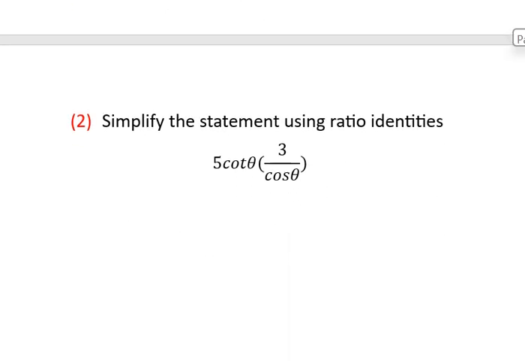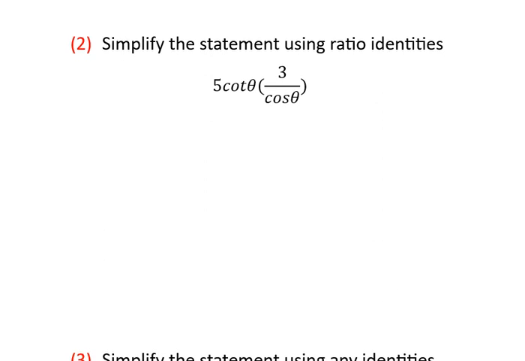Okay, let's try another exercise here. Simplify the statement using ratio identities. Now, just like what we did a while ago, we rewrite cotangent in terms of sine and cosine because we're trying to get rid of fractions in this case. So 5 times cotangent theta is cosine theta divided by sine theta.